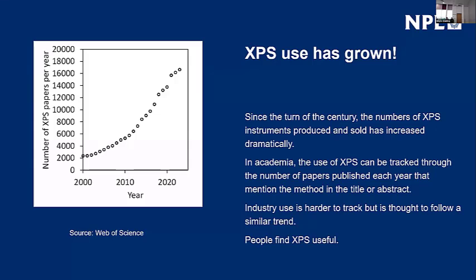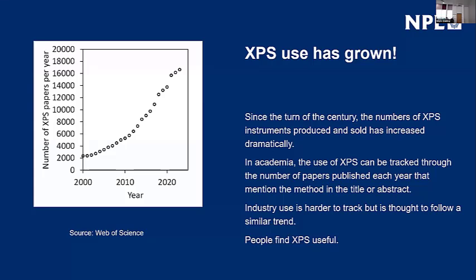So one thing, I like this plot. It tells you that XPS is super useful. At the turn of the century, there were just over 2,000 papers a year published on XPS, and you can check this out on Web of Science. Now we're heading towards 20,000 papers a year.